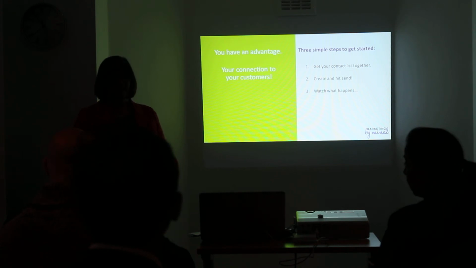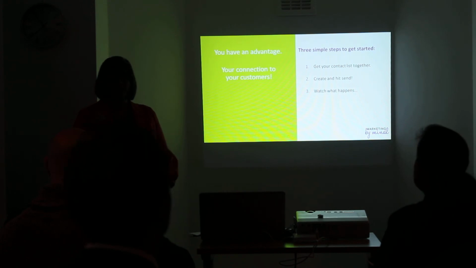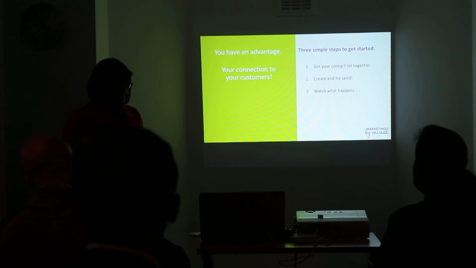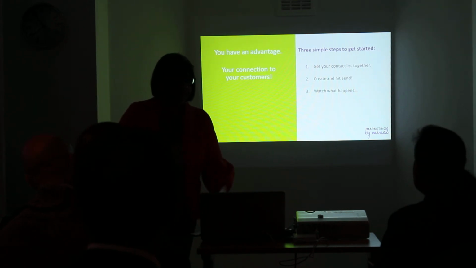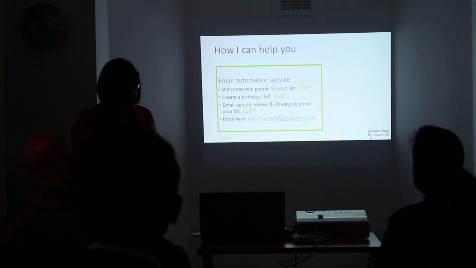So you just need to get your contact list together, and you need to create an email and actually hit the send button, because until you do that, you won't know what's going to happen. And when you've hit that send button, look at the reporting and understand what people are doing. Even with just 5 people, it will give you an idea. Look at what worked and do more of that.